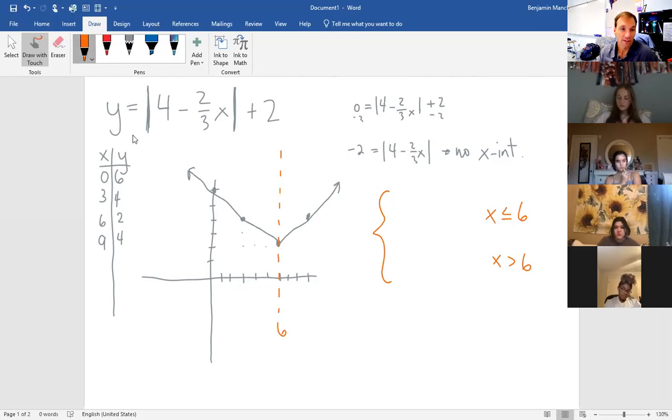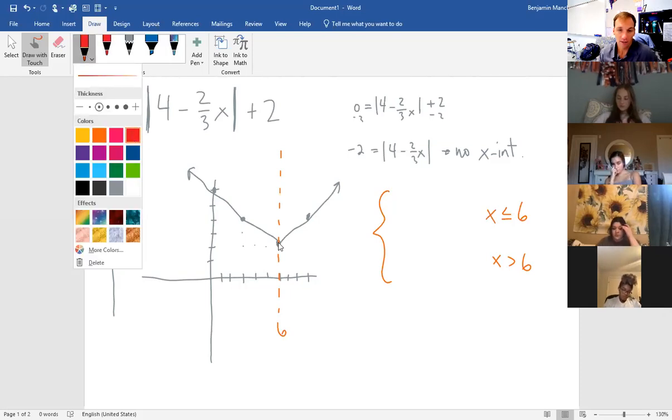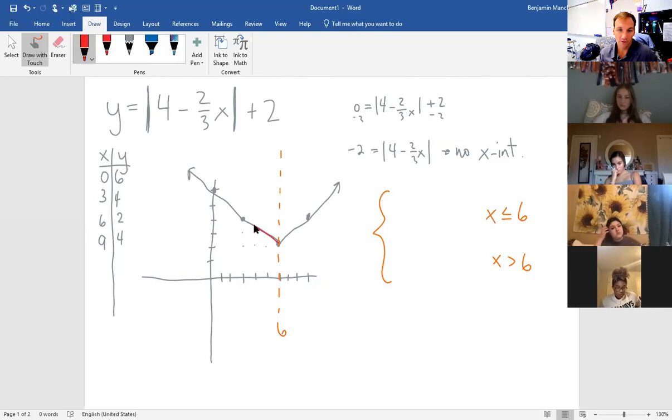Okay, so I'll make red be on the left side. So let's write the equation for this red line. Hopefully you can see this is a down to right 3 slope, and it's negative, so negative 2/3. The same slope as we had over here. But this one crosses at 6. The y-intercept here is 6.